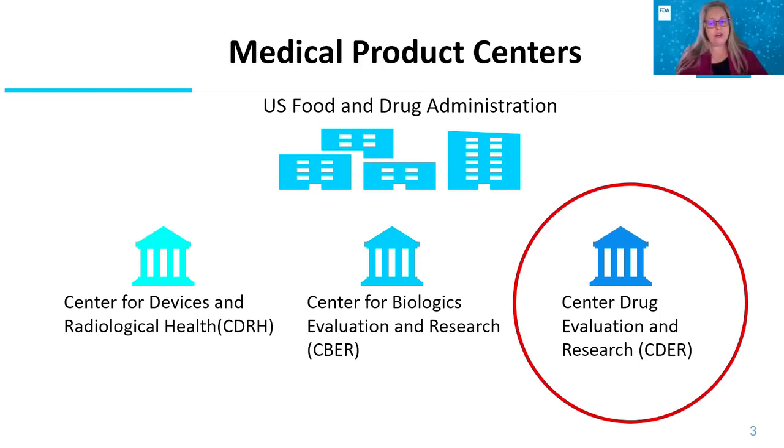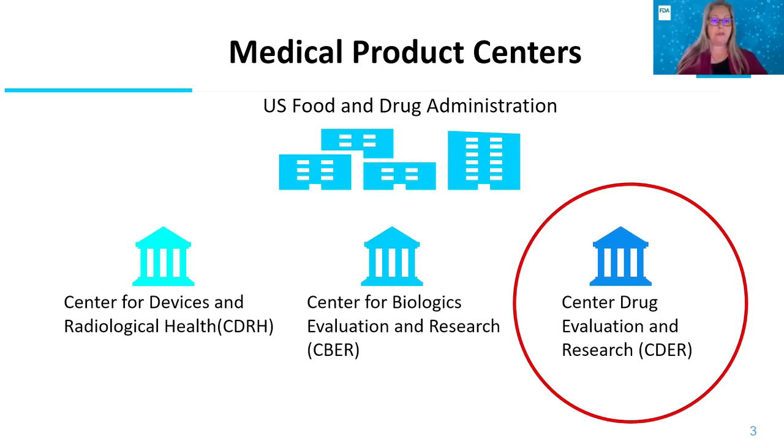The next center is our Center for Biologics, or CBER. CBER is our center that does gene therapies, blood products, and vaccines. There's definitely great interest in a lot of our rare diseases for our new Office of Therapeutic Products in CBER, which is where the gene therapies are housed.